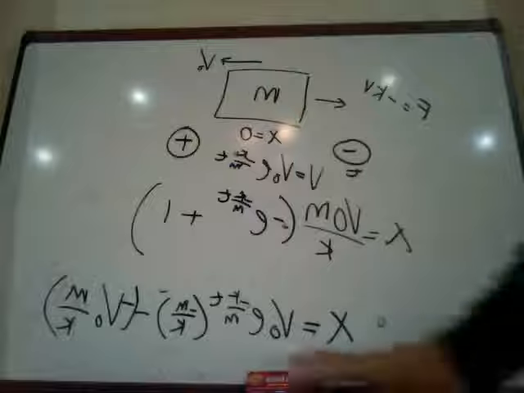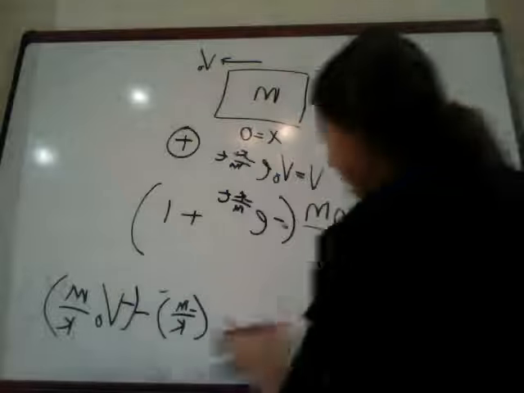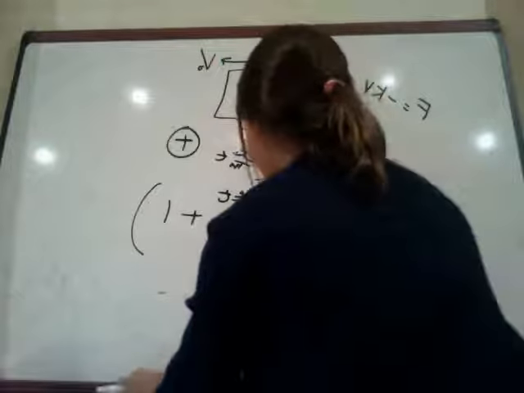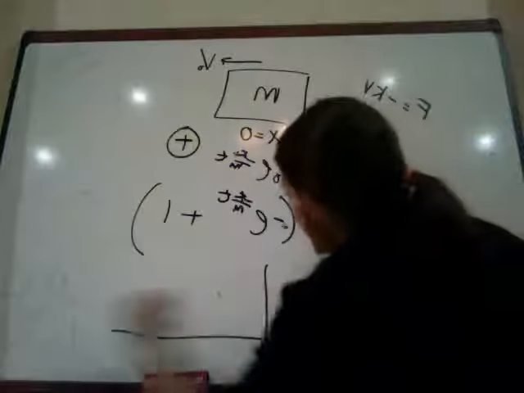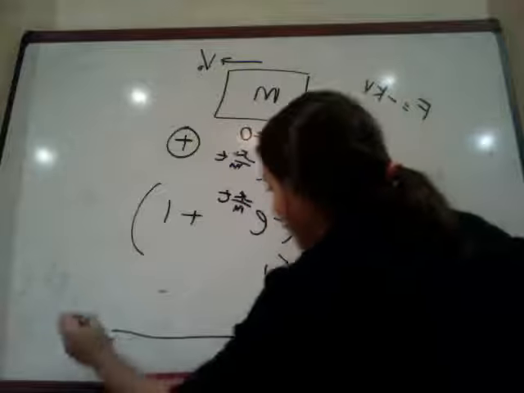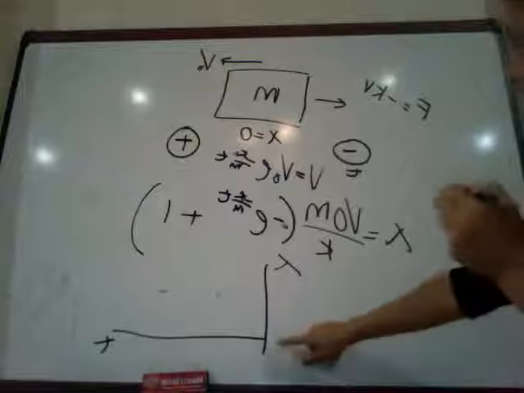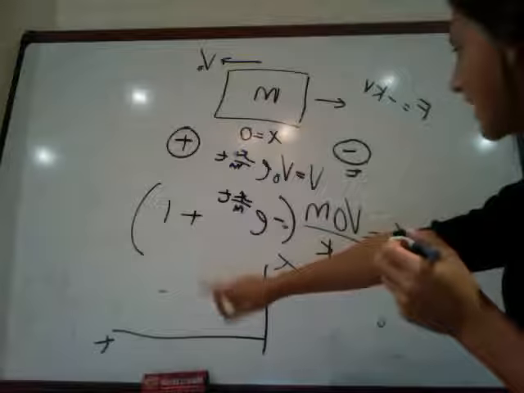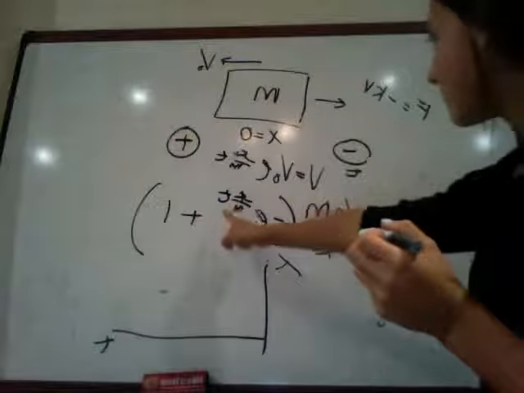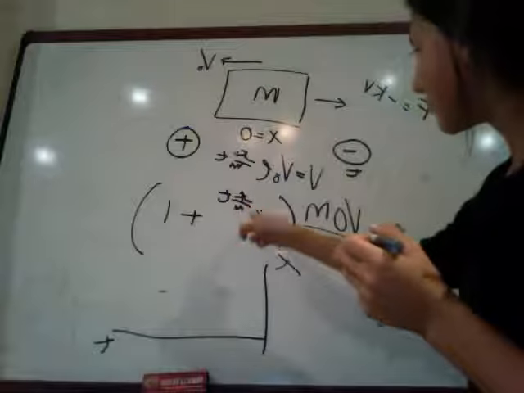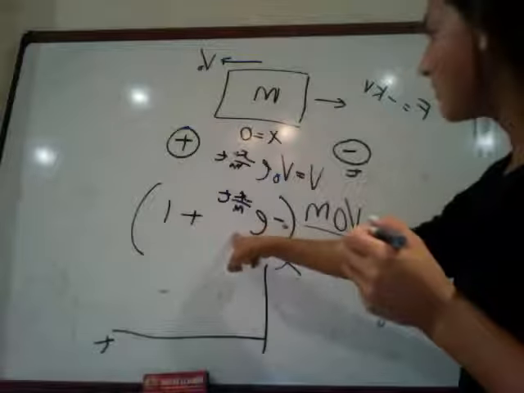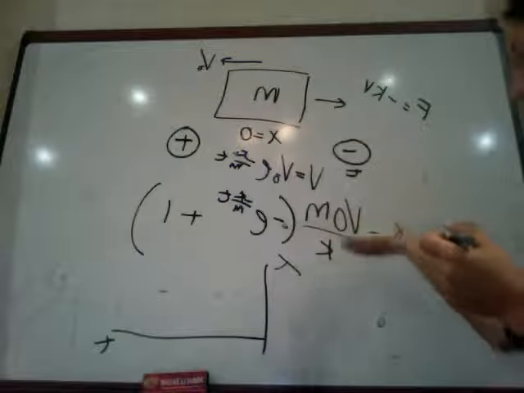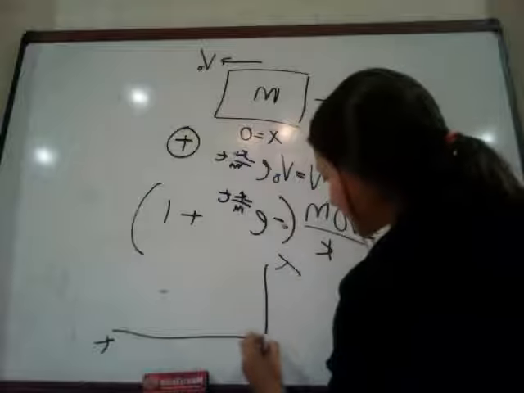Now I have to graph position as a function of time. If I plug in 0 for time here, I see that position also equals 0, because e to the 0 gives us 1, and then negative 1 plus 1 is 0, so 0 times this is just 0, so the graph starts at 0.